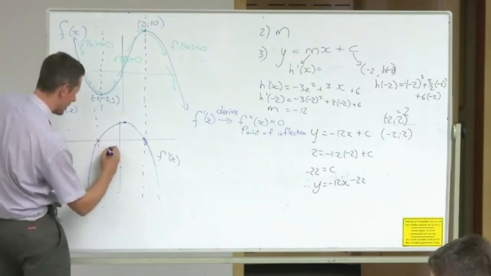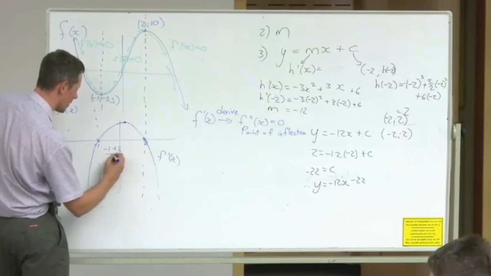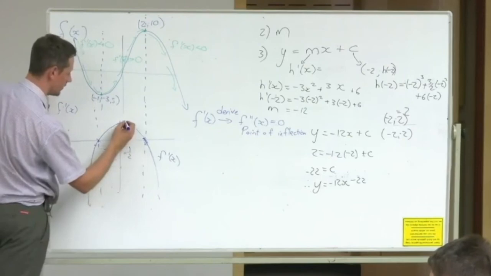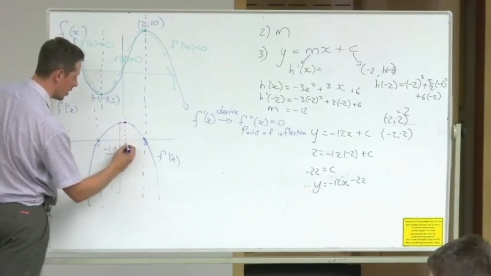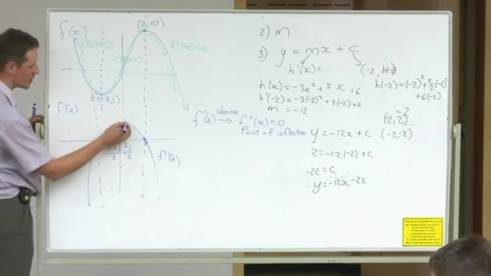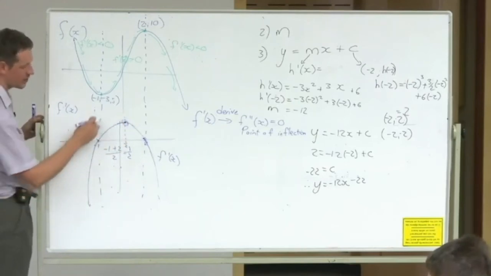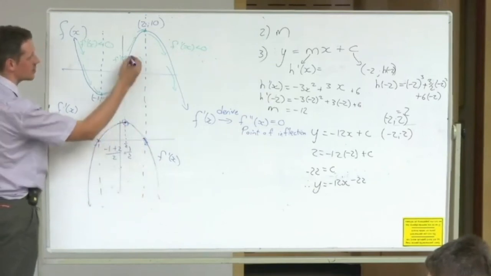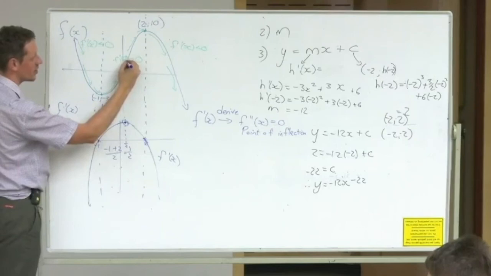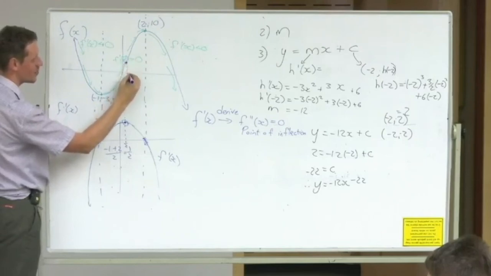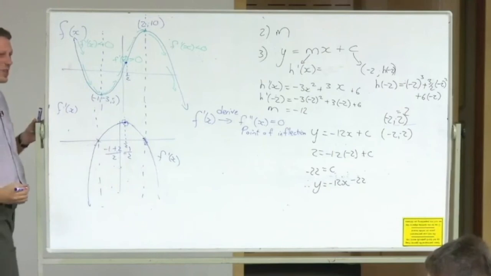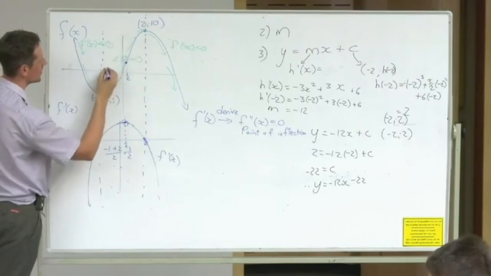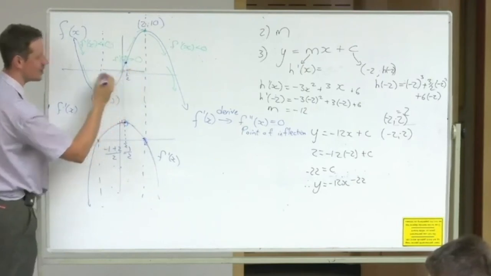So, (-1 + 2)/2. So this is going to give me a half. So at x equal to a half is going to be my turning point of my derivative. But sir, that is going to be my point of inflection. It's always going to be exactly halfway between my two turning points.